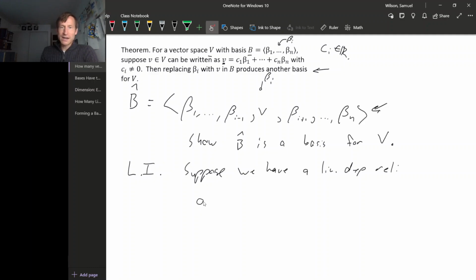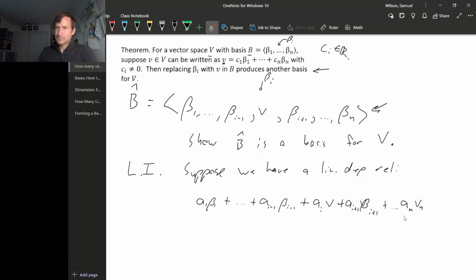That would look like a1 beta 1 plus, and so on, up to a sub i minus 1 beta sub i minus 1. And then the next vector in our list is V, so a sub i V, right, because we've replaced beta i with V, plus a sub i plus 1 beta sub i plus 1, there we go, all the way up to a sub n beta sub n.